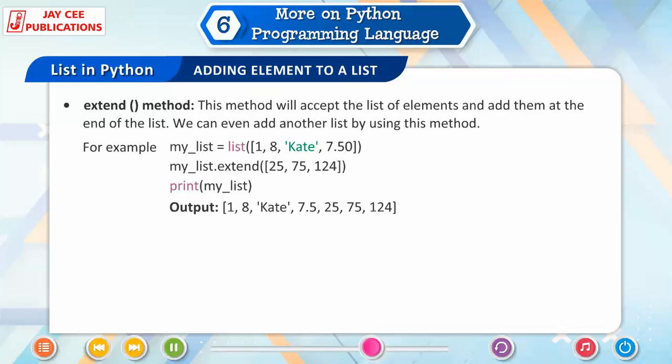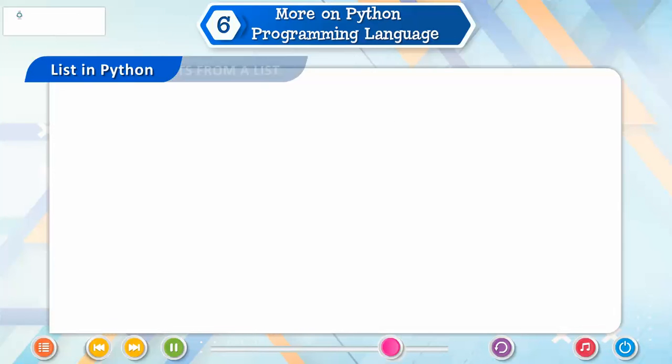For example, my_list = list([1, 8, 'Kate', 7.50]); my_list.extend([25, 75, 124]); print(my_list). Output: [1, 8, 'Kate', 7.5, 25, 75, 124].